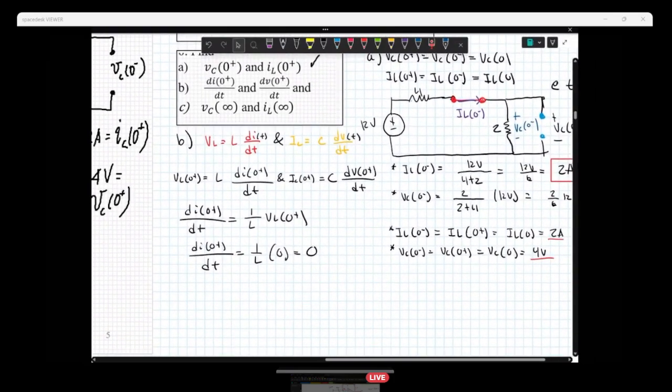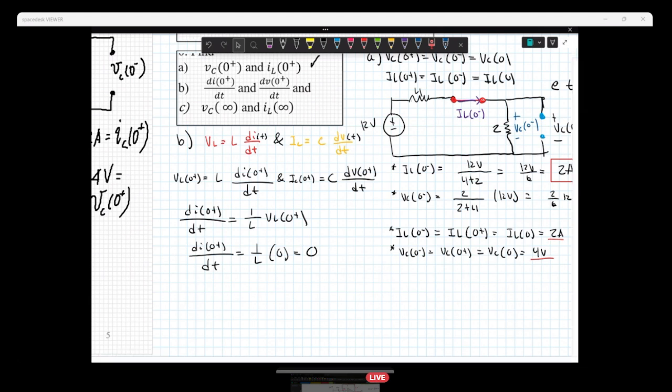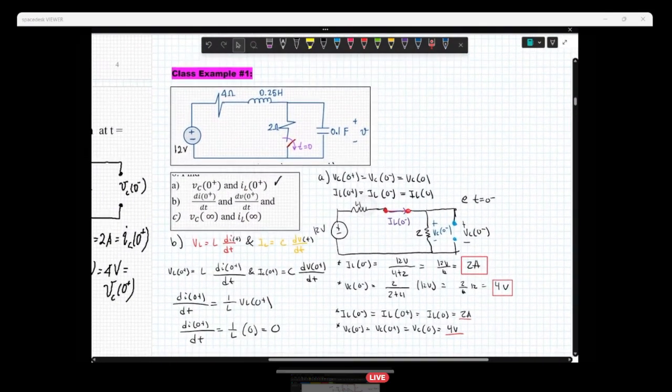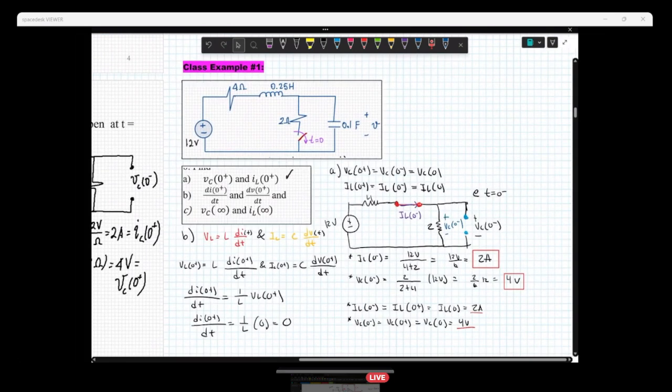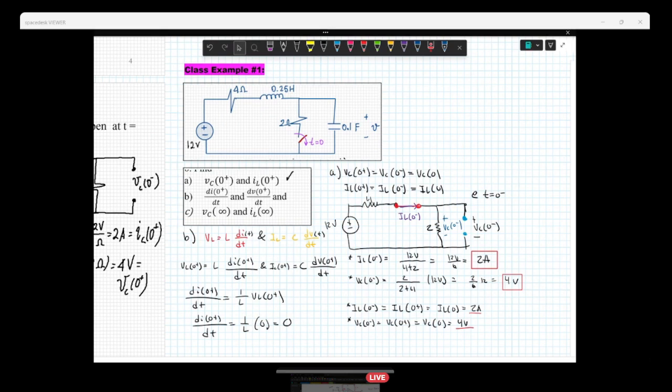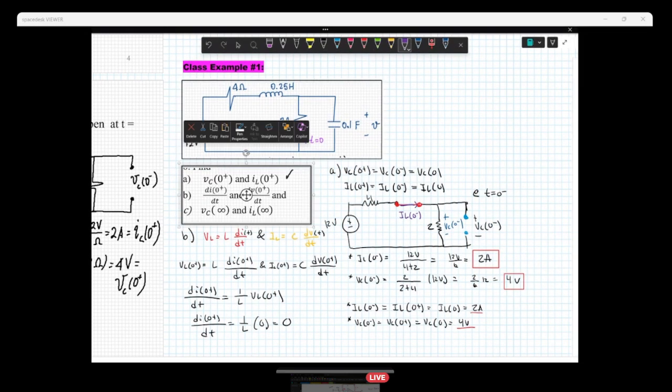It's shorted for 0 plus? Why is it shorted? I thought that only happened when we were at infinity or something. Wait. Did I miss something? I thought 0 plus was before. The switch is flipped up. Wait, this would be... So now, wait, what did I say?